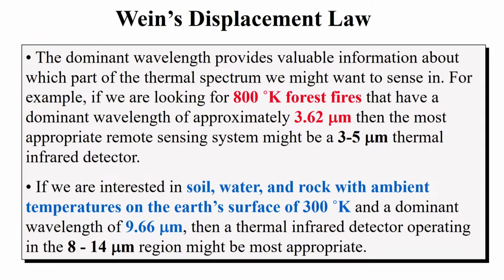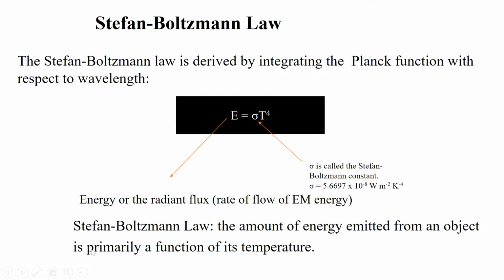It means that for observing a forest fire, suppose I want to use a drone system to detect the temperature information or find the most desired information for the forest fire, at that time we should design a thermal sensor which could acquire the data in 3 to 5 micrometer. And the same thing as we discussed for 300 degrees Kelvin, the dominant wavelength is 9.66. So thermal infrared detectors for Earth observation are mainly designed in the 8 to 14 micrometer region of the electromagnetic spectrum, because it is the most suitable and appropriate.